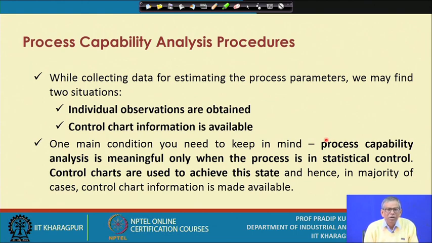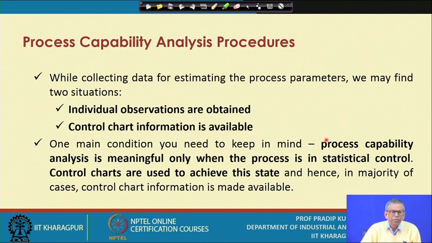Now, how to achieve this condition or the state of statistical control? Obviously, you need to use certain tools, which must be used for online real-time control of the process.